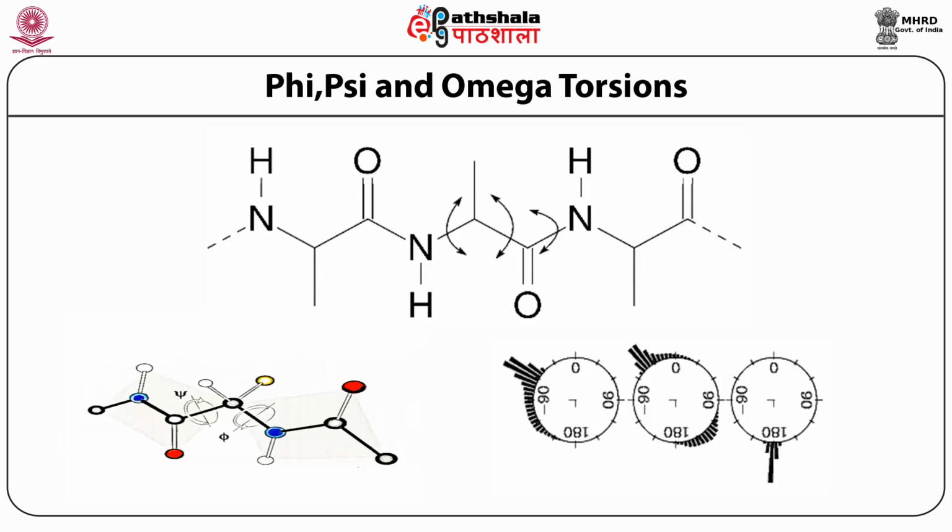Now, if I look at the distributions of these torsional angles, phi, psi, and omega, as found in proteins whose structures have been determined experimentally, those 3 histograms give you an idea. What you notice is that in the case of phi and psi, the distribution is somewhat spread but is not uniform.